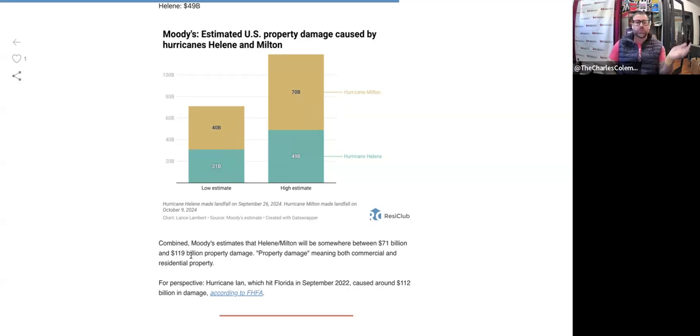Now, that's both commercial and residential, and yet most of the time, yes, there are going to be some people who were impacted that did not have insurance. That's very real. There are going to be some insurance policies that aren't going to pay out because they didn't have the right insurance. Yet, what we have to know is that most of this is going to go through insurance.